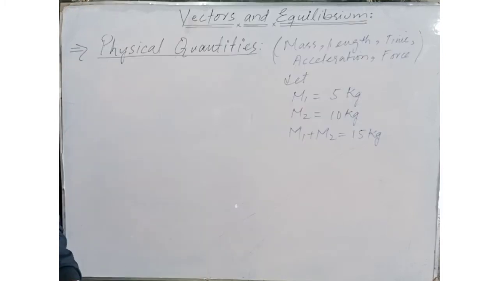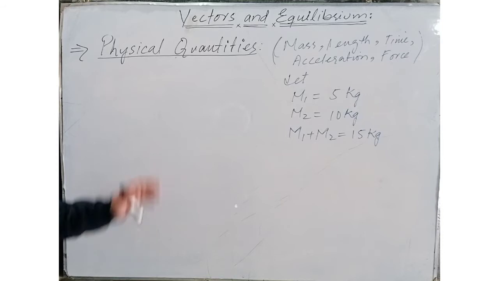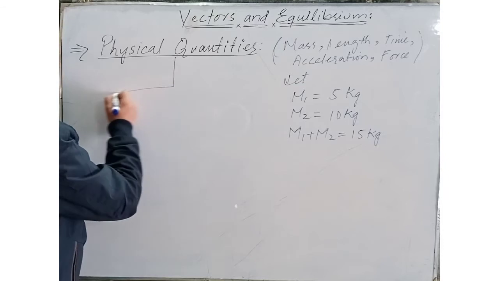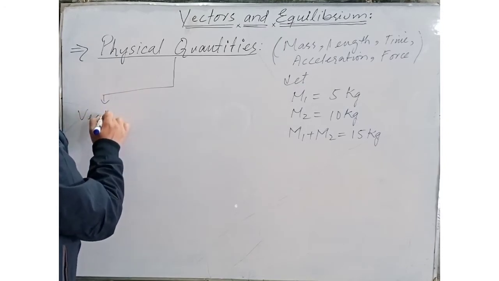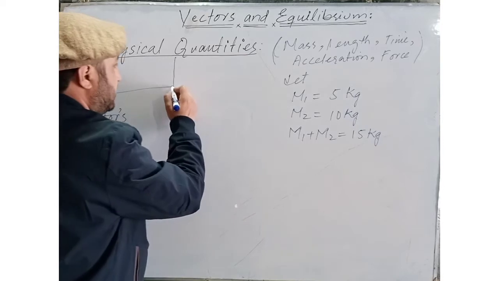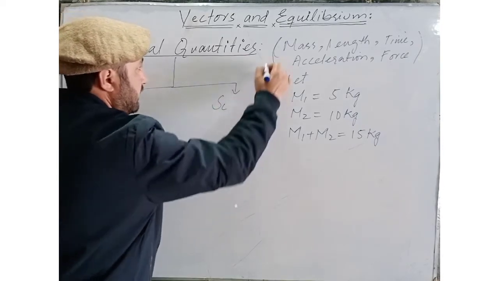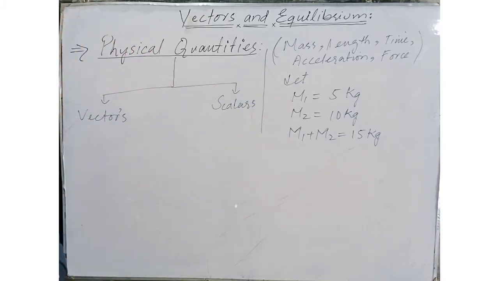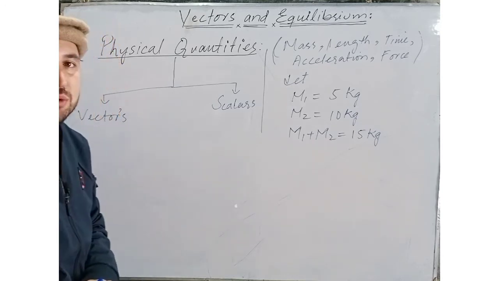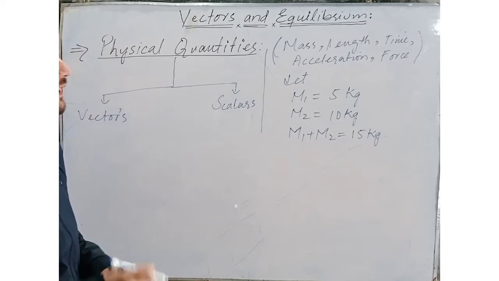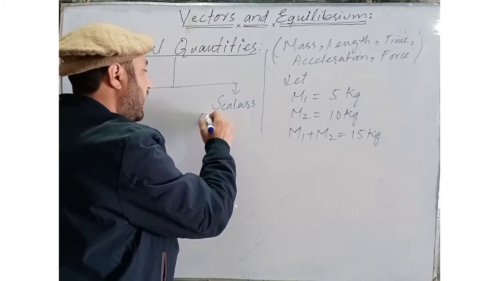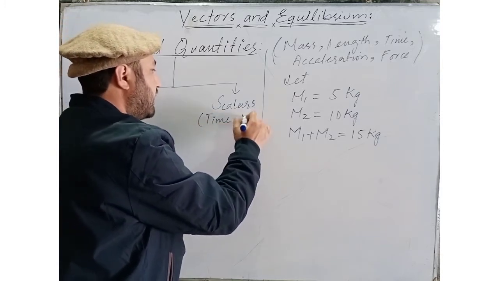And because of that reason, physicists divide physical quantities into two categories, and those two categories are vectors and scalars. Scalars are such quantities which can be specified or represented by a magnitude only. We need only a magnitude in order to specify such physical quantities like time, like mass, length, right?